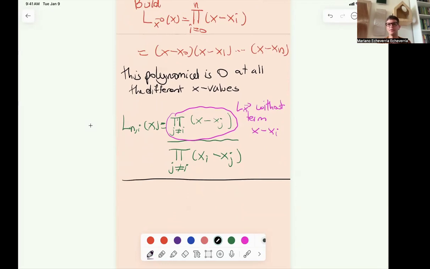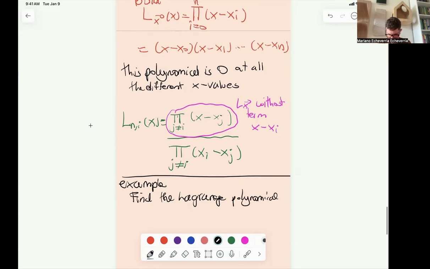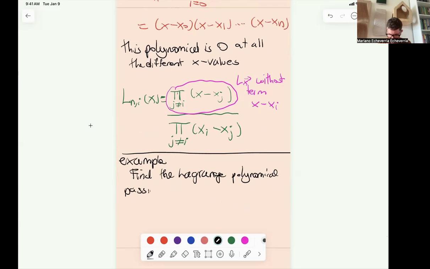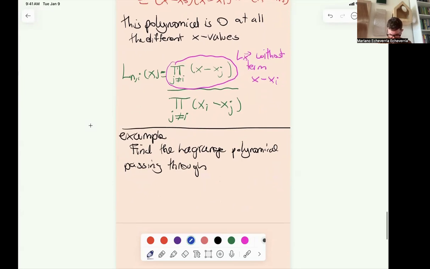Let me give you the example, because once you see the example it's much easier to follow. So find the Lagrange polynomial. I'll use the same colors as on GeoGebra to match everything. It would be through (-1, 2).